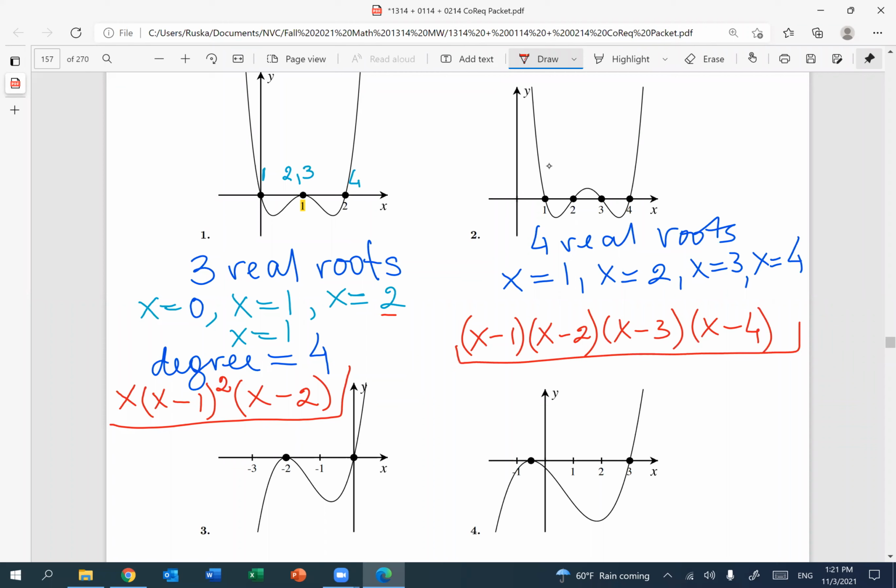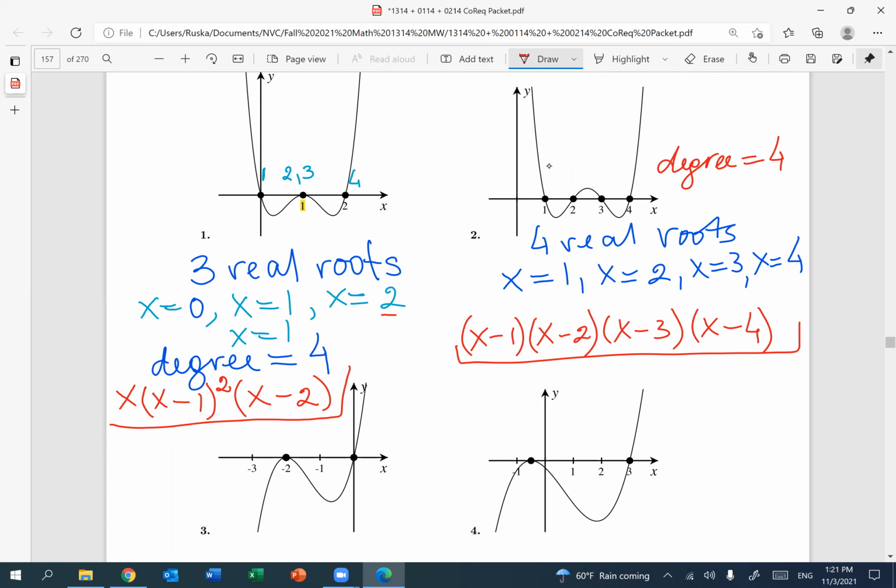I have a question. For the degree, do we have to write it out instead of just putting the number? Yes, I forgot that. Yes, you have to write the degree. Thank you. So what is the degree here? It's going to be 4. That's right, good job. But can we just put degree equals 4? Do we have to write out x equals 1, x equals 2?